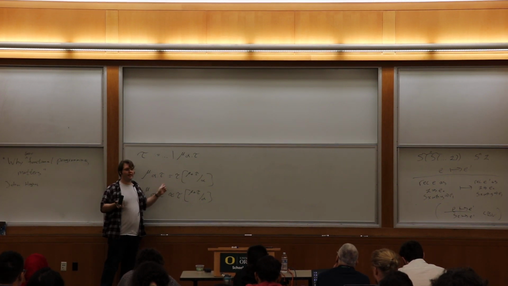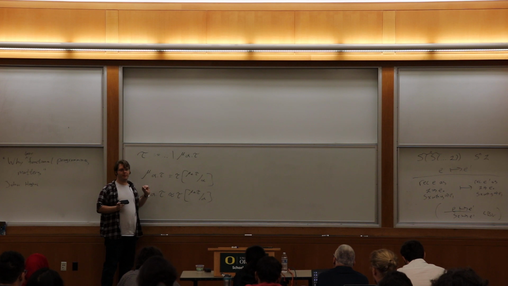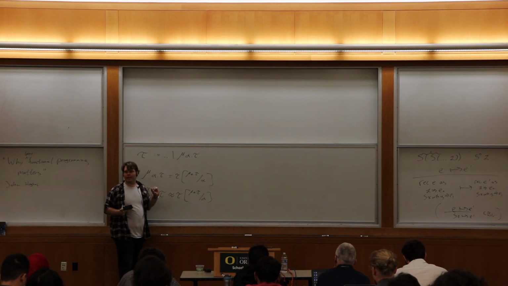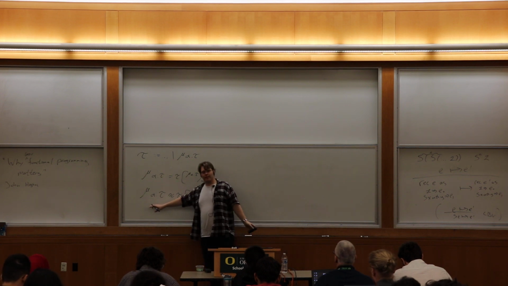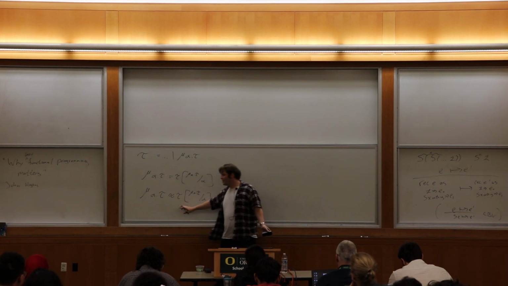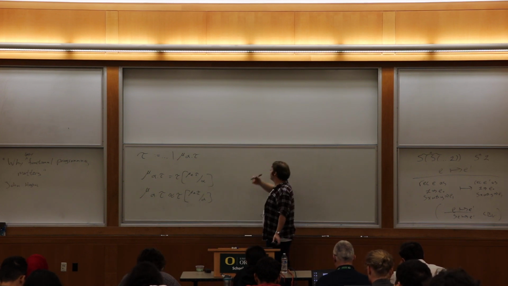It's not that these types are identical, it's that they are convertible between one another. And so that means I ought to have some operations for going between these two sides: the recursive type and then the unfolding of that recursive type. Okay? So what do those look like?